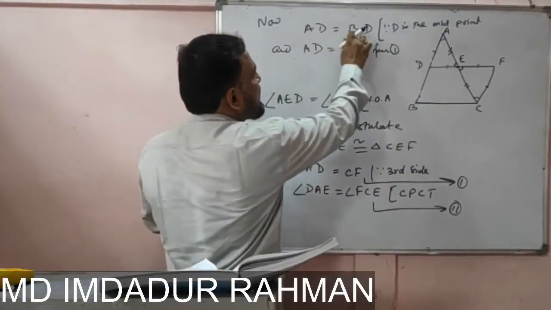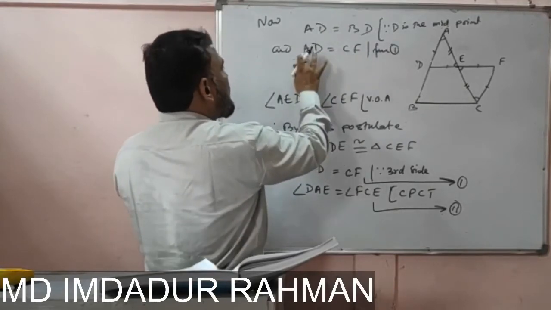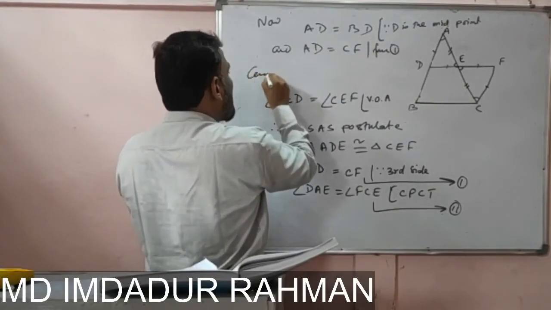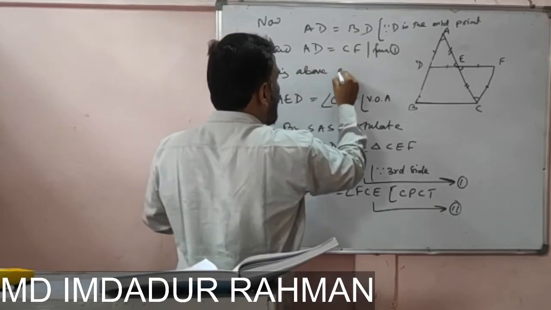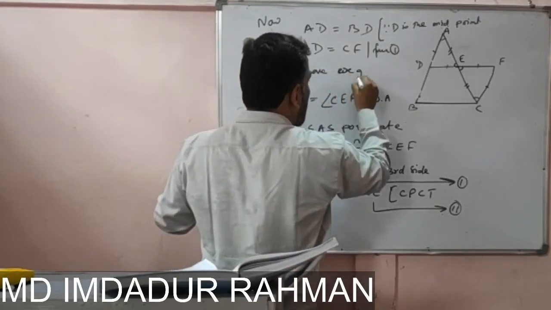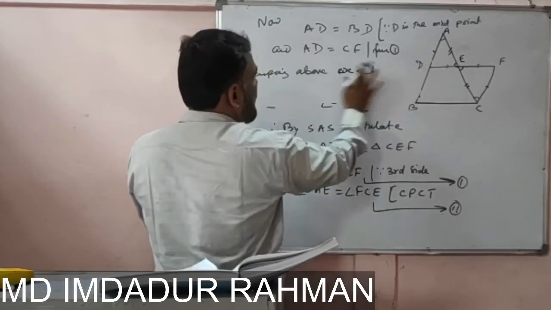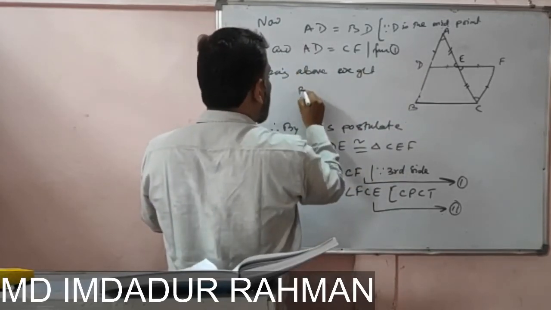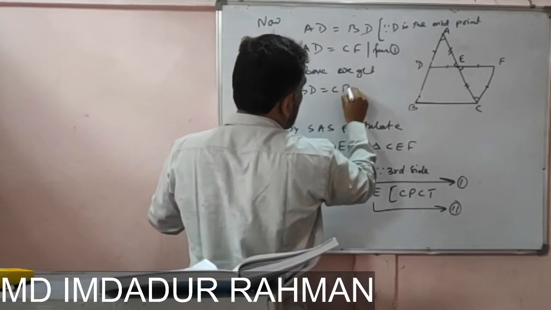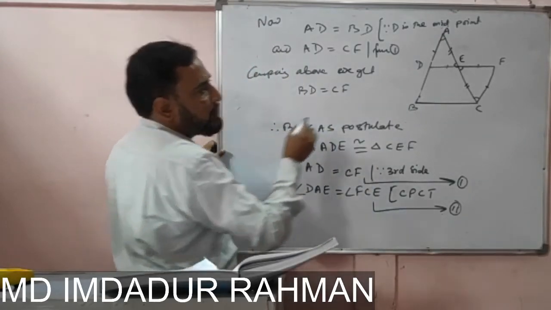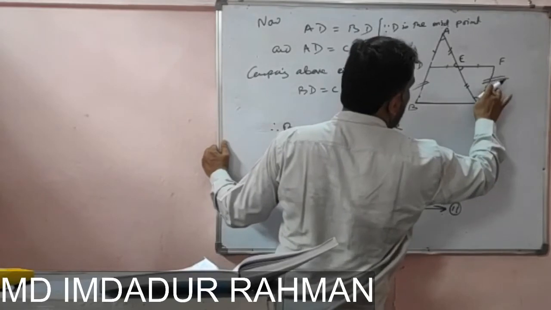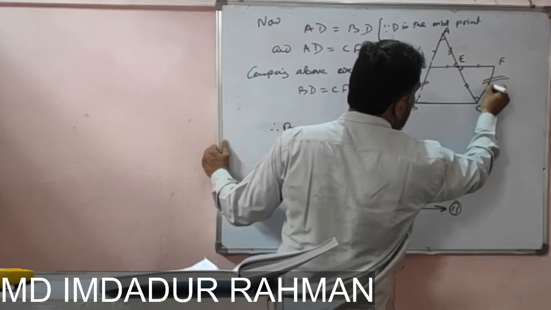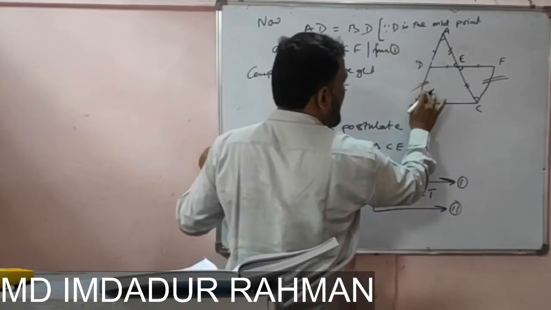So AD is equal to BD, AD is equal to CF, then comparing above, we get BD is equal to CF. I am going a bit slowly because you have to understand.